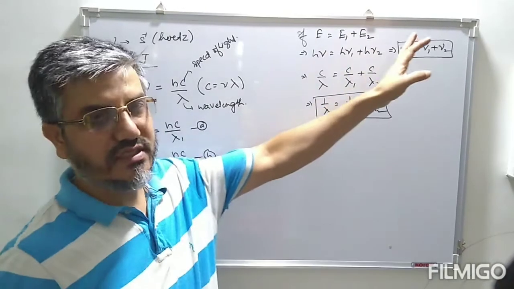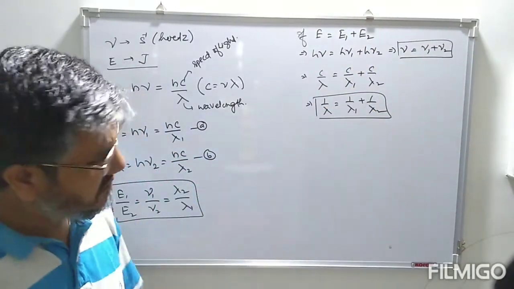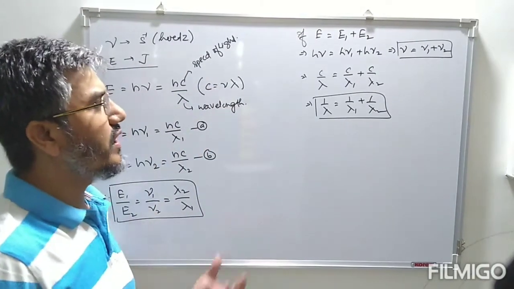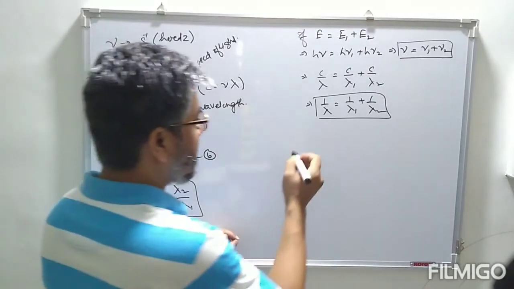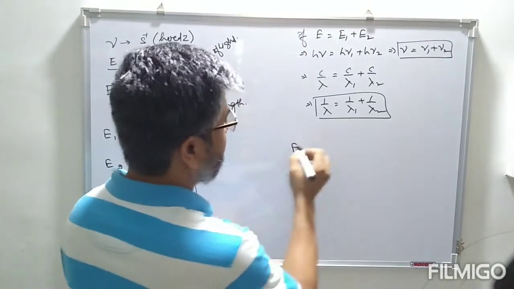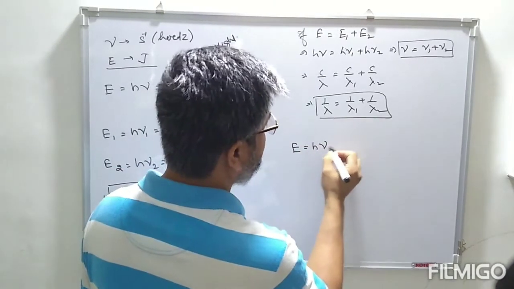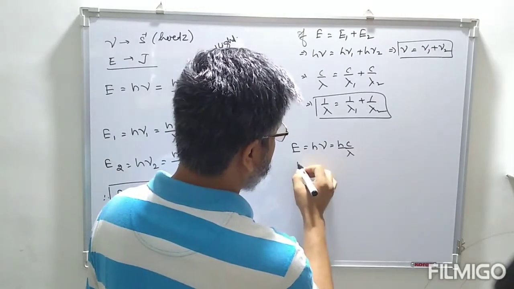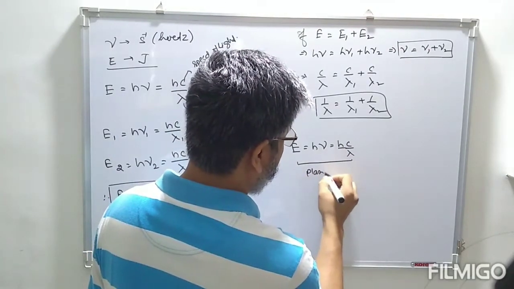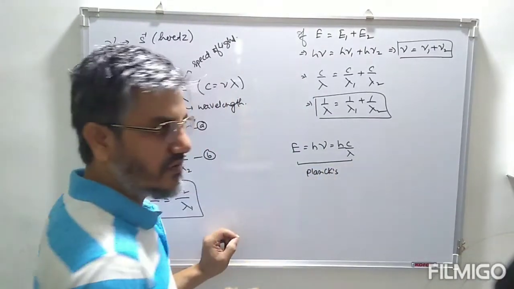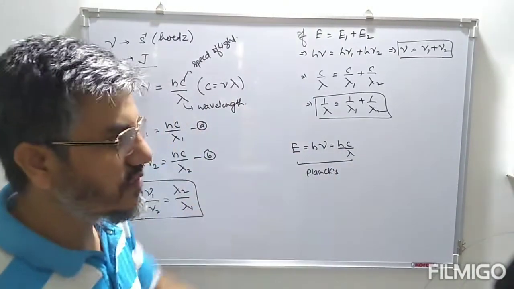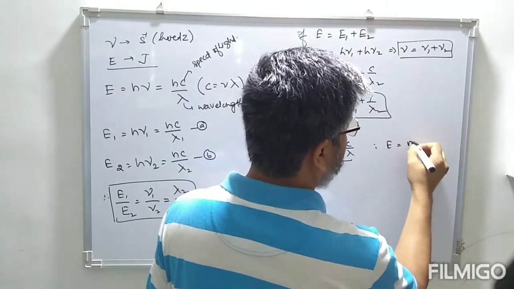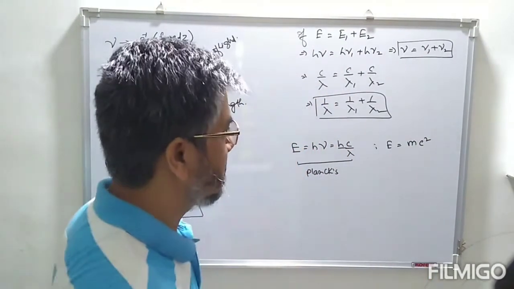If total energy is the sum of two energies of light, that is E1 and E2. So, according to Einstein's theory, this energy, which is equal to h nu, which is equal to h c by lambda, is Planck's equation, and the same energy of light according to Einstein is equal to m c square.